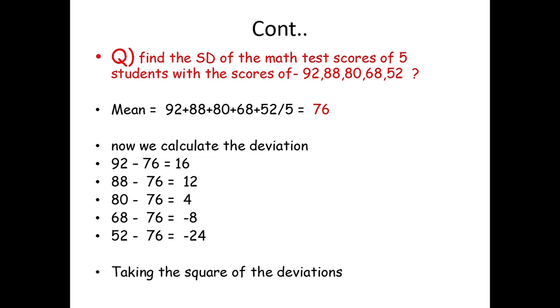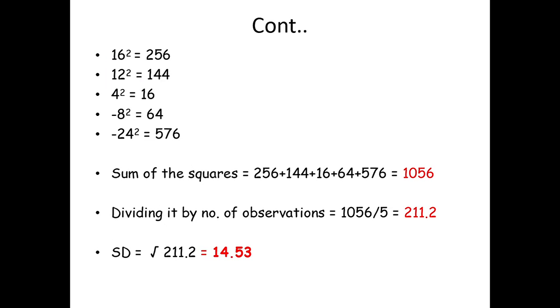So taking the squares of the deviations, 16 squared is equal to 256, 12 squared is equal to 144, 4 squared is equal to 16, minus 8 squared is equal to 64, minus 24 squared is equal to 576. Then the sum of the squares is equal to 256 plus 144 plus 16 plus 64 plus 576, which is equal to 1056.